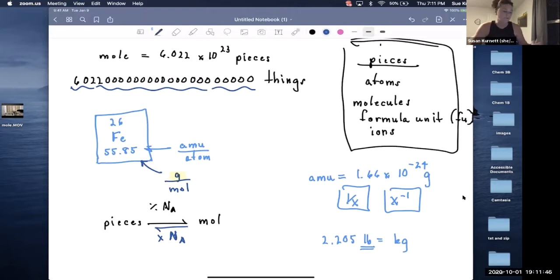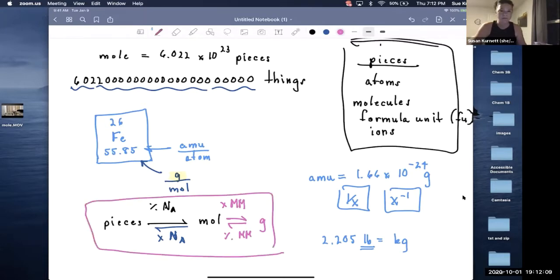If you want to go from mole to mass, or from mass to mole, now you need a number on the periodic table. So now you're going to need a molar mass to get to grams, or you divide by that same molar mass to get back to moles. So this is like a roadmap that's going to be very important in our class.